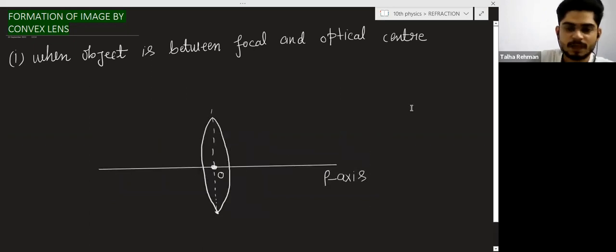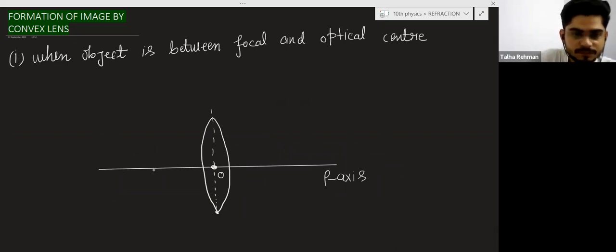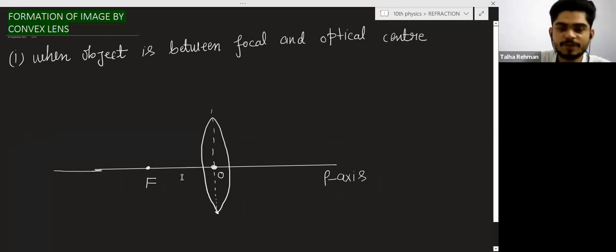See this: this point is the optical center and somewhere here will be the focus. Suppose this is the focus, and now we are placing the object here. This is the object we are placing, and we want the image of this object.